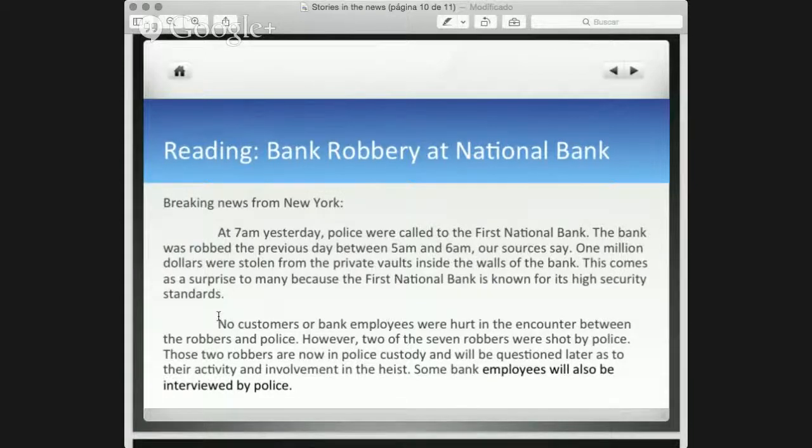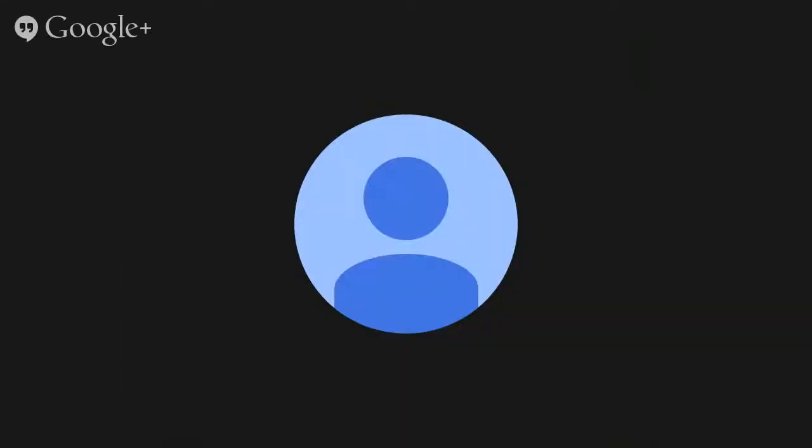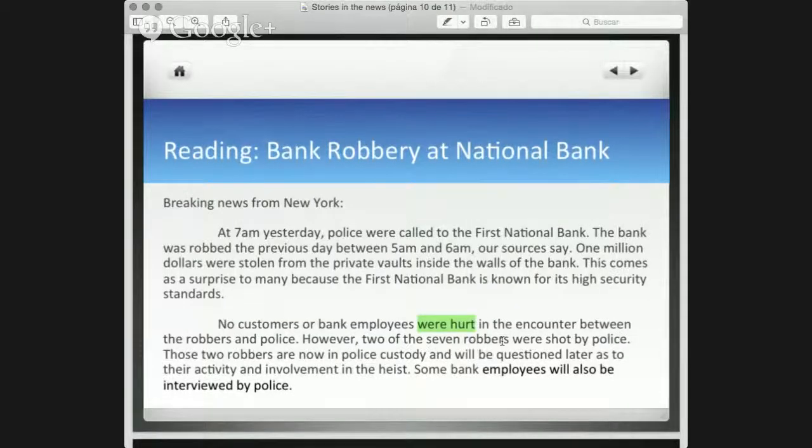Do you see any examples? Yeah, so no customers or bank employees were hurt. Exactly. Good. Okay. Were shot. Exactly. Two of the seven robbers were shot by police. Right, so the focus of the sentence is the robbers, not the police.